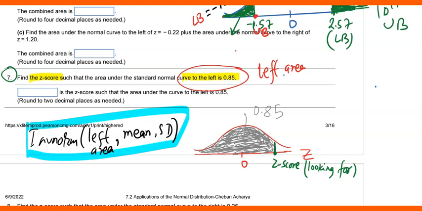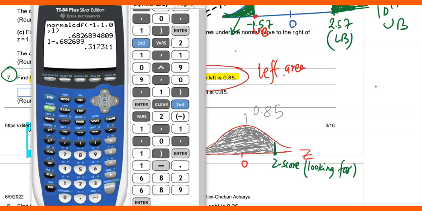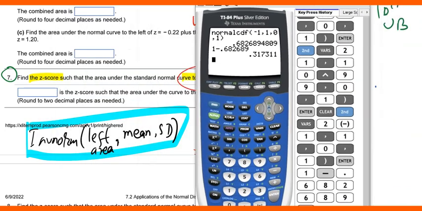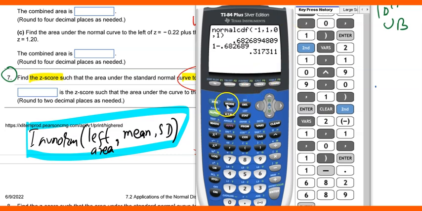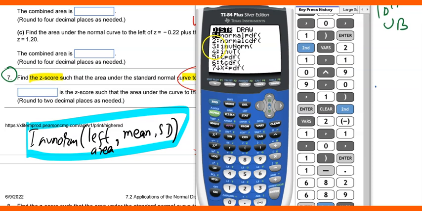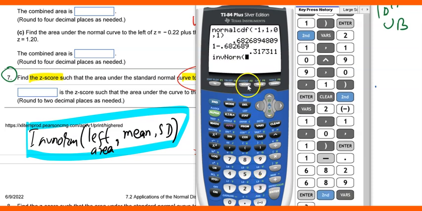Okay, inv norm, left area from that point that I'm looking for, mean, standard deviation. Okay, let's do that. Remember that I'll use the left area. Use the calculator here. Inv norm is in the same window as you'll find normal CDF. Let me go back to the second VARS. You see the inv norm, that's number 3, inv norm. Okay, click number 3, you get inv norm.